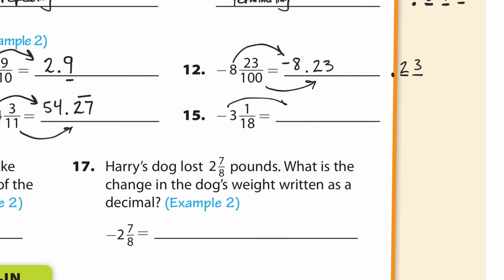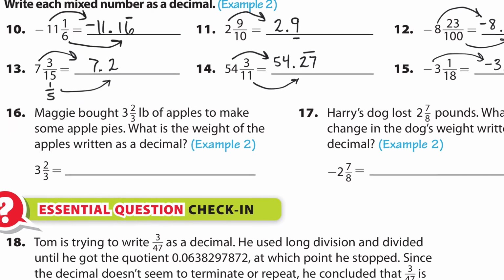This is negative 3, and then the decimal point, 1/18. I'm punching that in my calculator right now. 1 divided by 18 is 0.05, but the 5 is repeating throughout that. And there you go.